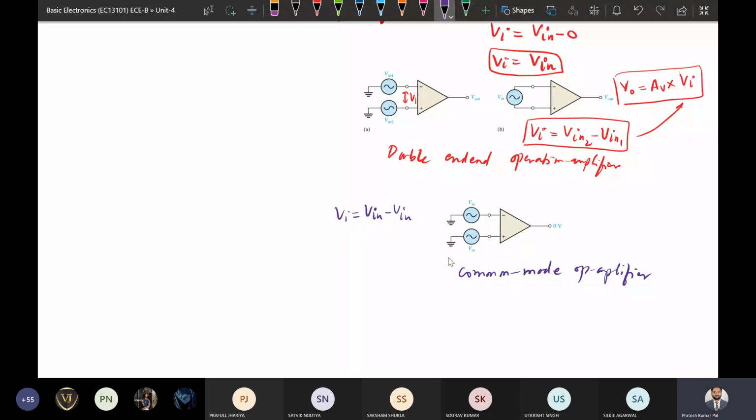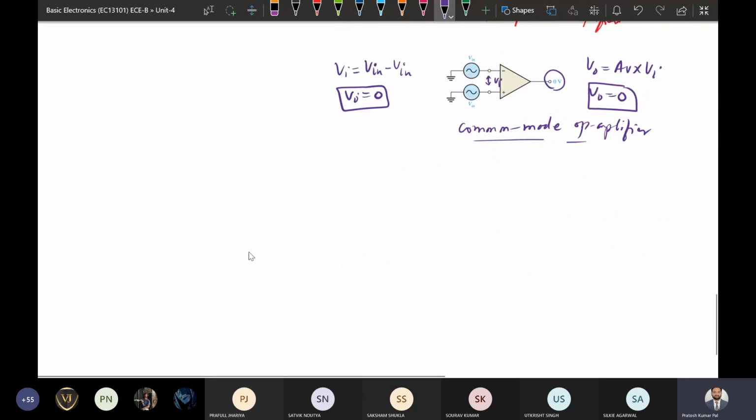In common mode, the output should be equal to 0 because the V input is the difference of these two. The output voltage is the gain multiplied by V input, and V input is nothing but V input minus V input. Both have the same input, so the difference of these two equals 0. That means we are applying a 0 input, so the output will also be 0. This is called the common mode operational amplifier. So these are the different modes of operational amplifiers.